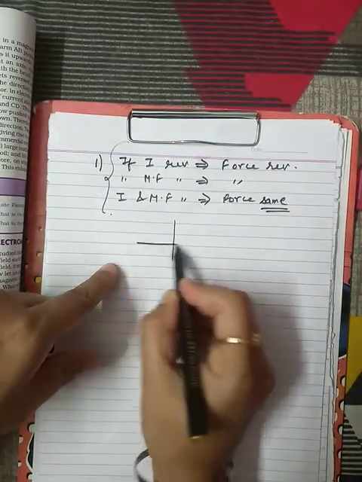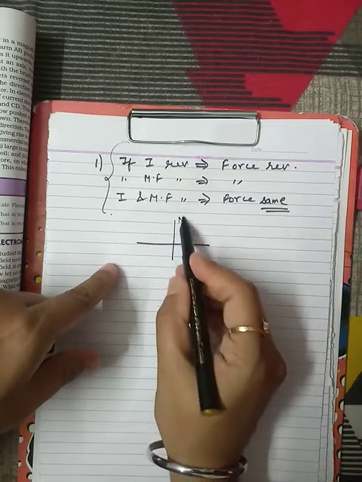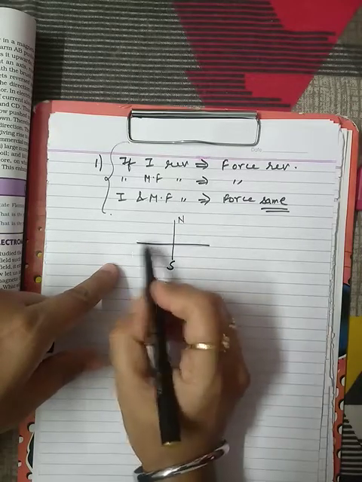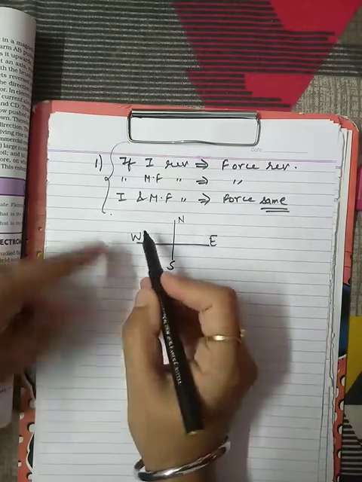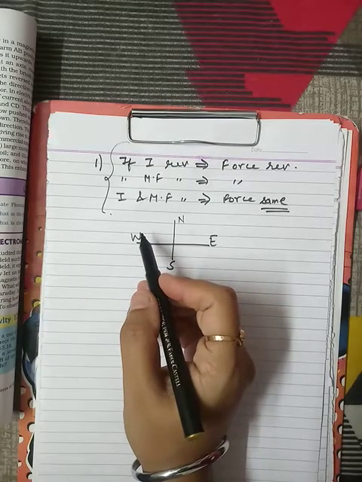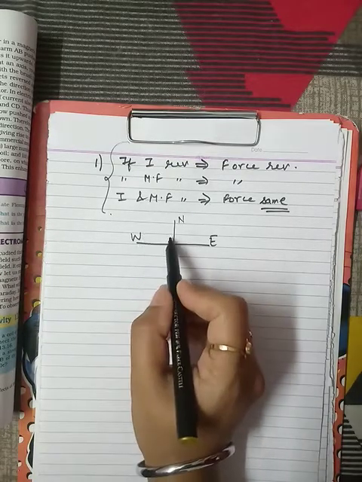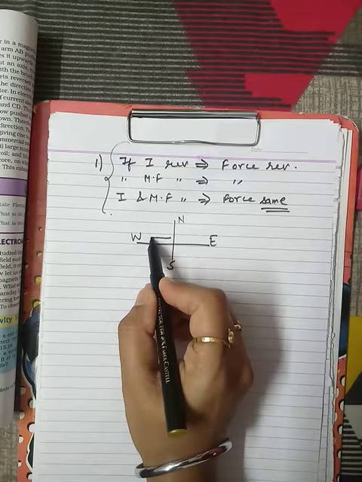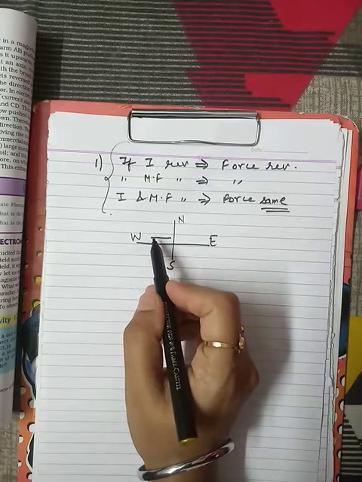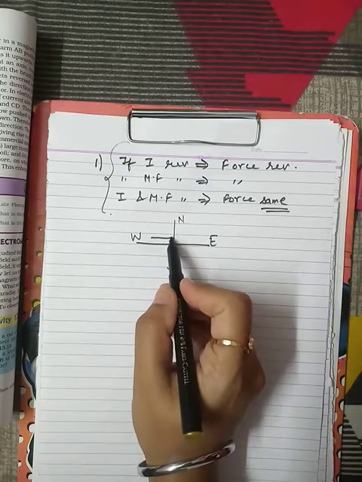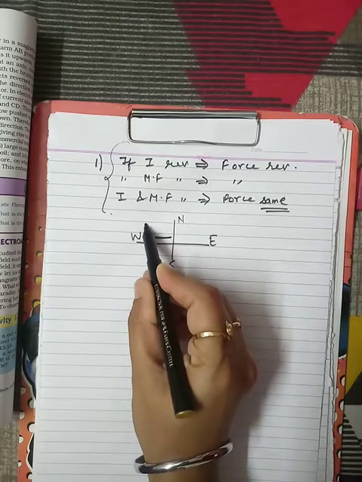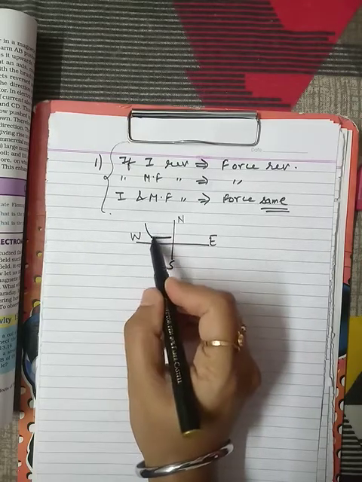So we will draw north, south, east and west. The question is saying that the charged particle is projected towards the west, it is going towards west, and is deflected towards north. Towards north it is deflecting, so it is moving like this towards the north.